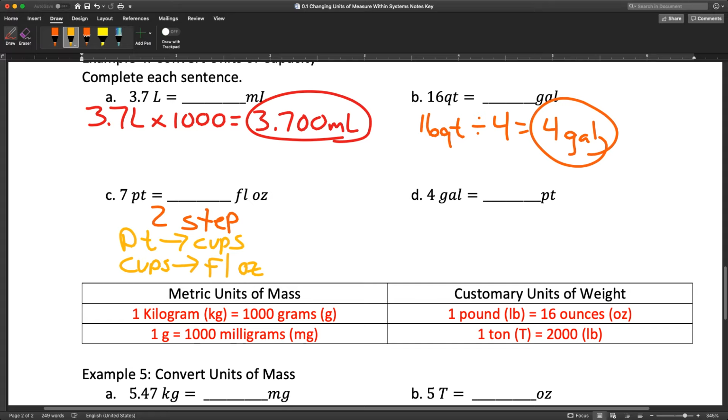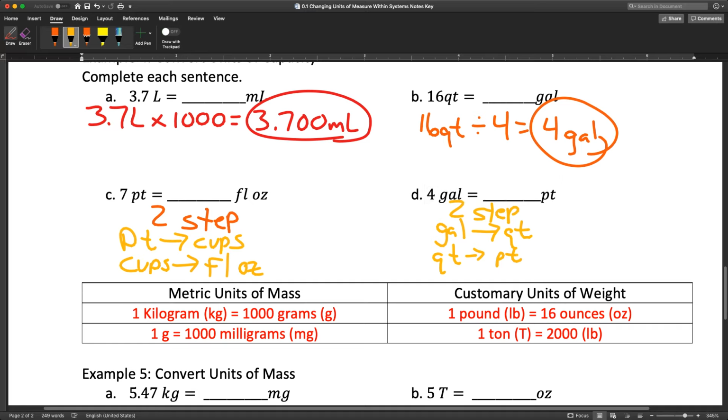Same thing is going to happen on D. D is also a two-step. On D, we need to convert from gallons to quarts, and then from quarts into pints.